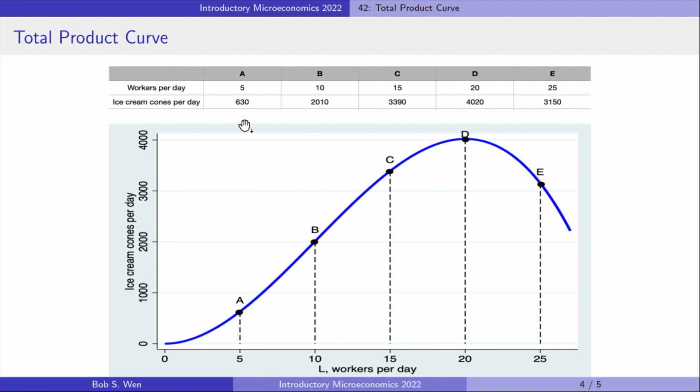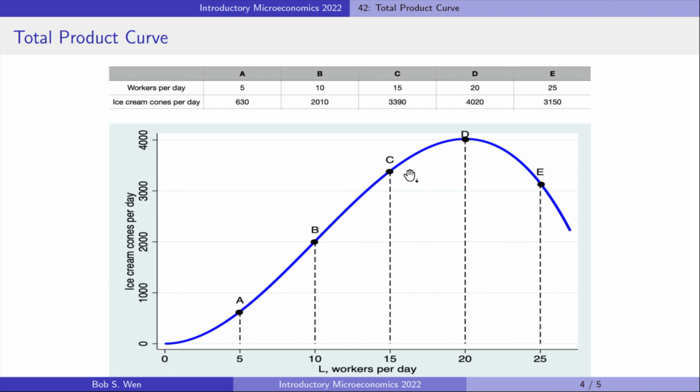Point A represents 5 workers per day and 630 ice cream cones produced per day. At point B, we have 10 workers per day and they produce 2,010 ice cream cones per day. At point C, we have 15 workers and they produce 3,390 ice cream cones.